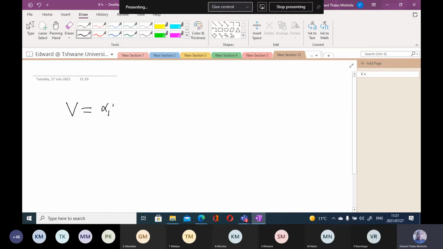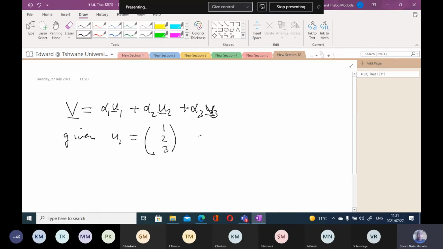So it's going to be alpha 1 u1, plus alpha 2 u2, plus alpha 3 u3. Now you are given that u1 is equal to (1, 2, 3). Another thing that I wanted to highlight here: u1 was given as 1, 2, and 3, so I write it as a column vector. I'll be using column vectors to solve it. Okay.